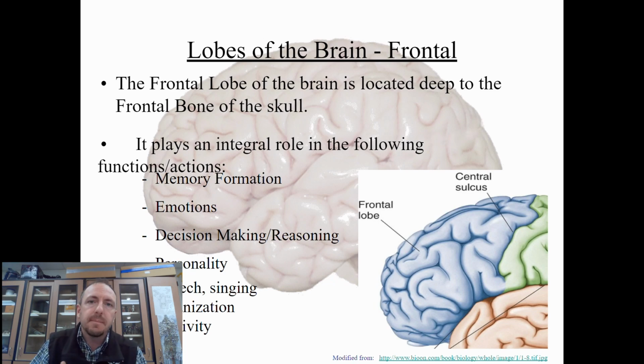This lobe is what makes you, you. Personality, emotions, decision-making, reasoning, organization, speech, singing, creativity. All of this comes from the frontal lobe, and voluntary movement comes from the frontal lobe. So the frontal lobe is very, very important in you being you.